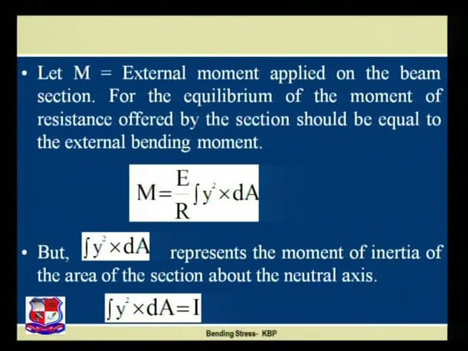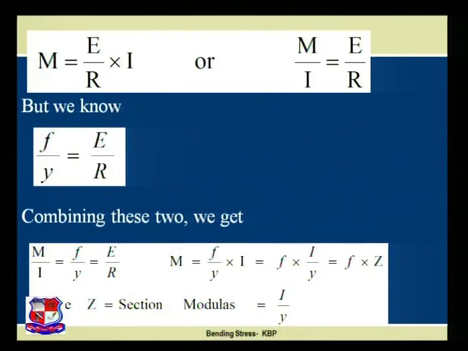This y square dA represents the moment of inertia of the area of section about the neutral axis. So, this integration y square dA is nothing but I, that is the moment of inertia. If we replace this term integration y square into dA by I, then our equation is M is equal to E by R into I.